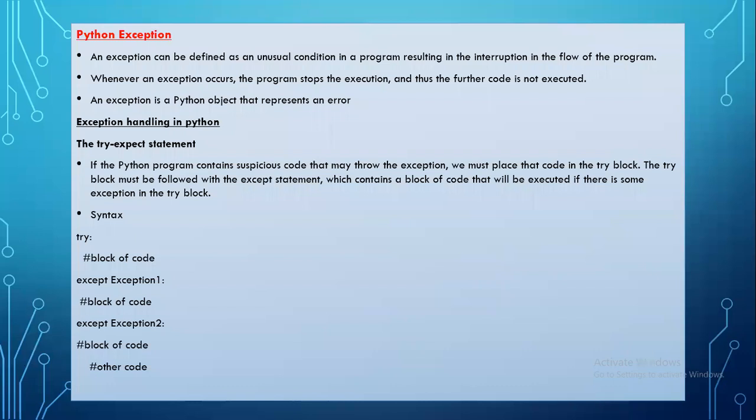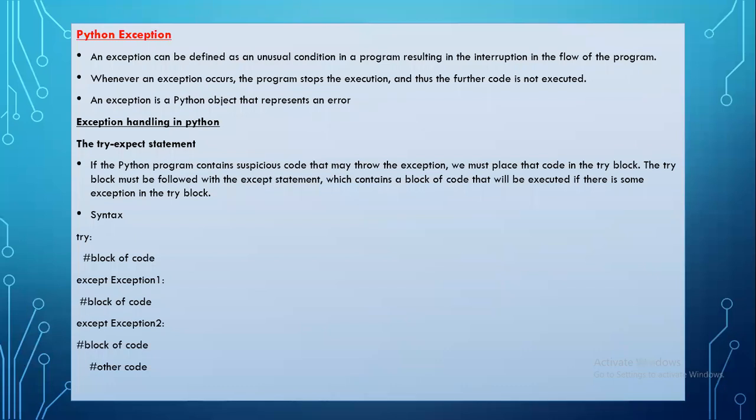That situation is an exception. We handle that situation so that the normal flow of the program is maintained, and the remaining statements work properly. That is called exception handling.